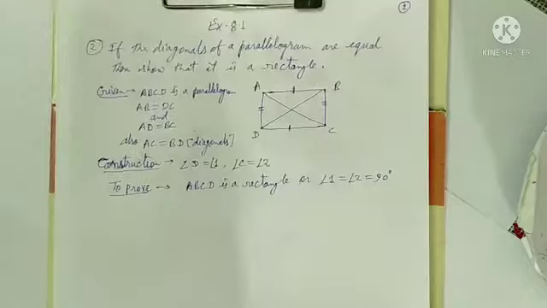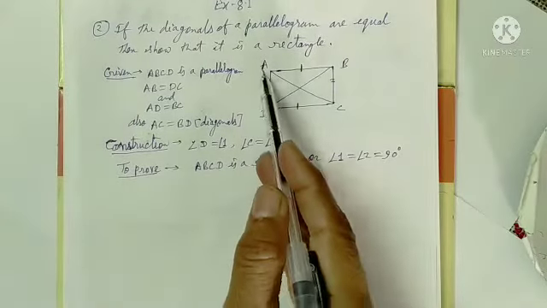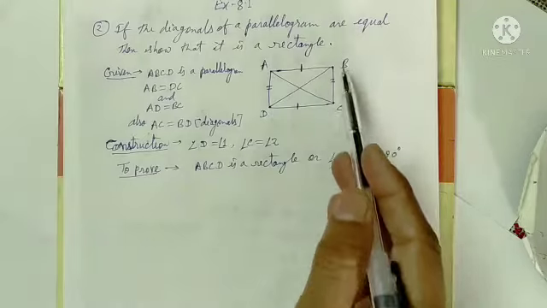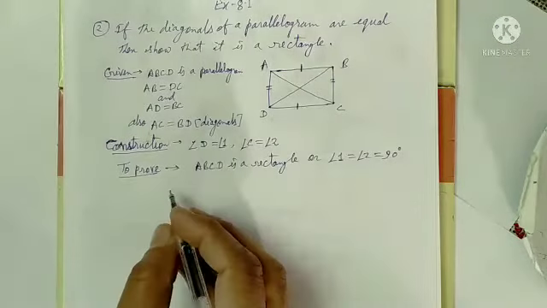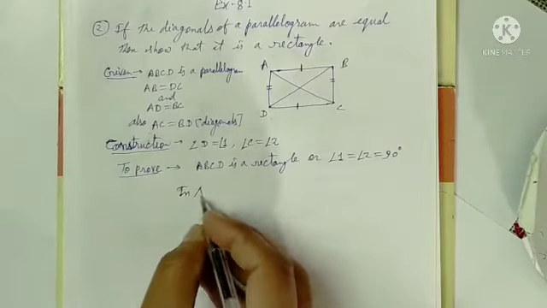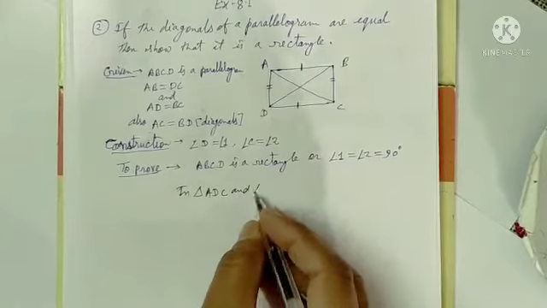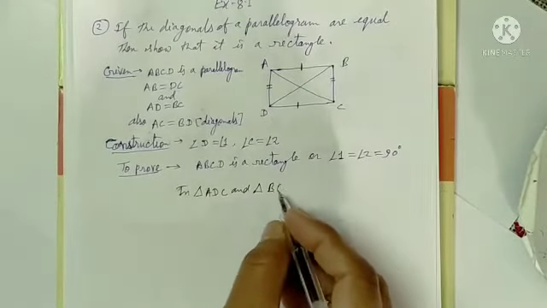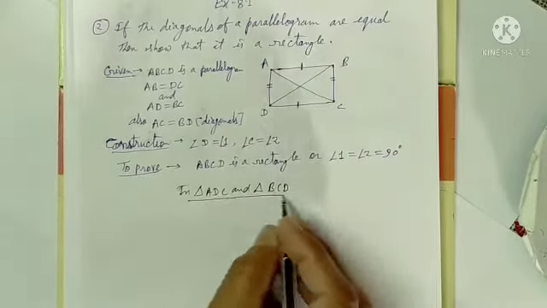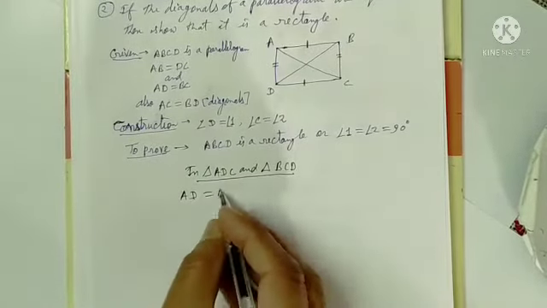How do we start? Look, here what can we observe? Triangle ADC and triangle BCD. See the observation in the triangles. In triangle ADC and triangle BCD, we know AD is equal to BC.